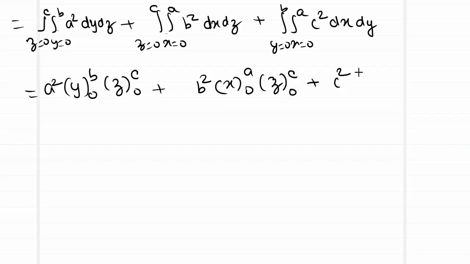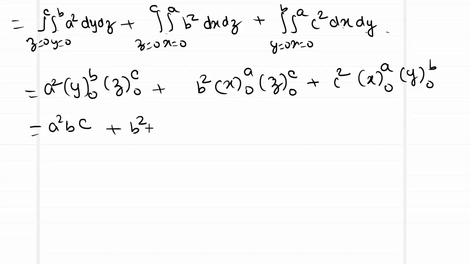Now the third term, integral dx is x between 0 to a, integral dy is y between 0 to b. Now apply the limits: a square b c, since the lower limit is 0 and upper limit is c. Now this gives me b square a c, and the third term gives me c square a b.